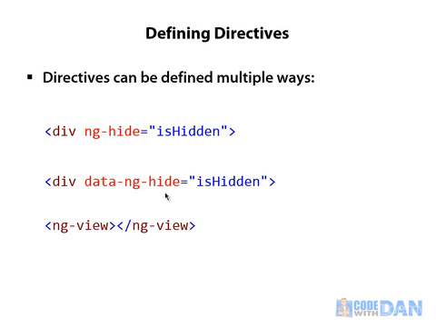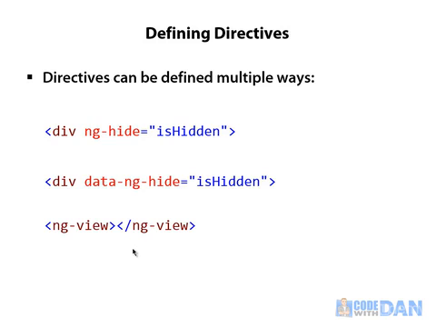In fact, in my more real-life type of apps, I like to add the data- attributes because if you do run your view or your HTML code against an HTML validator, or you use it in editors that pick up errors, most editors don't really like it when you do these custom attributes like this, but they're okay if you use the HTML5 data- attributes. So I prefer the data-, but it really just depends on what you like, and either way will work.